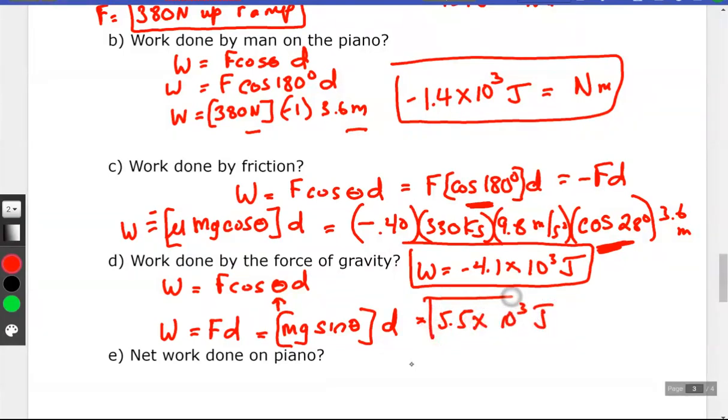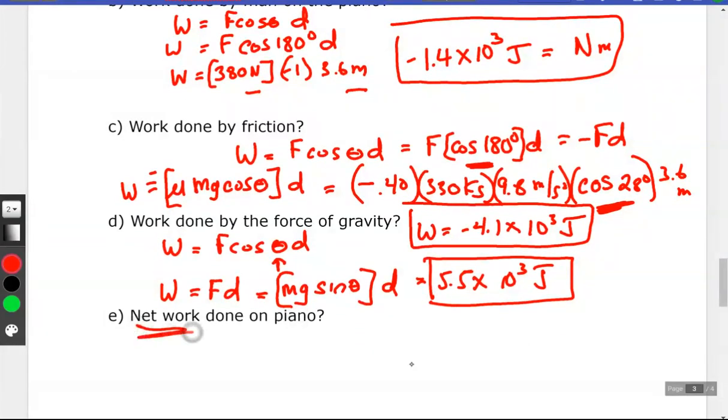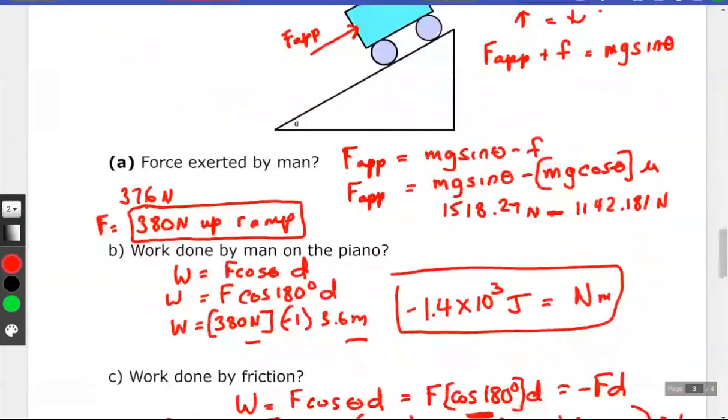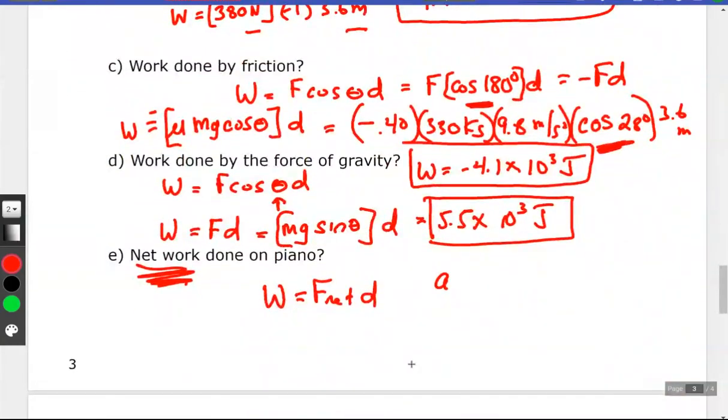If you put all the numbers in, what is the net work done by the piano? Well, that means all the forces. F net times d. It's actually a lot easier than you think, because when we were told that the man applied a force so it prevented the car from accelerating, well, okay, let's go back to Newton.